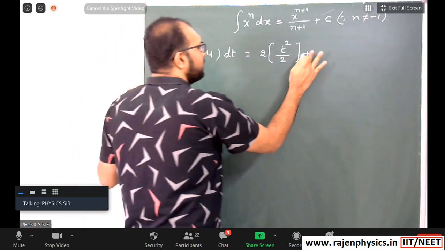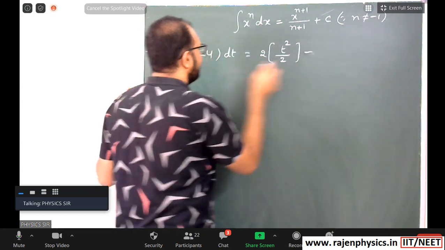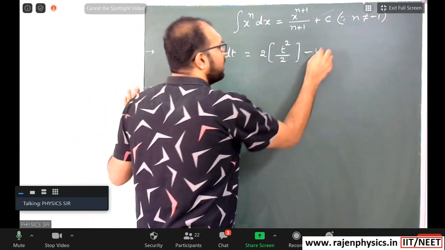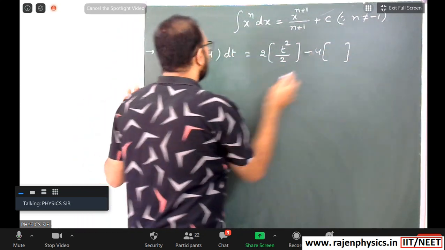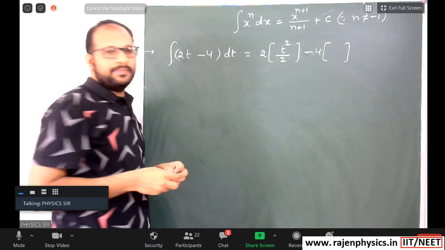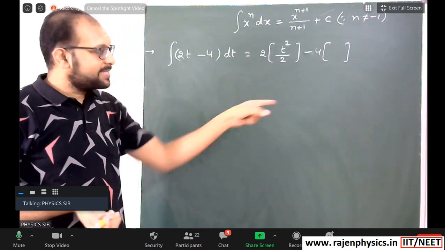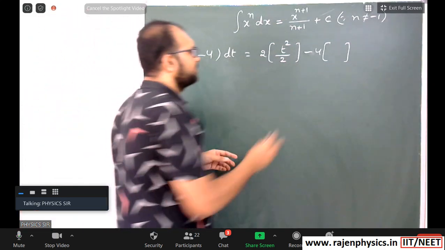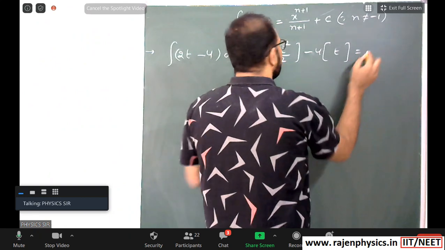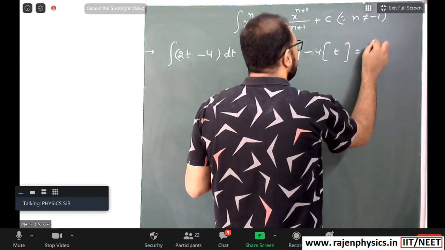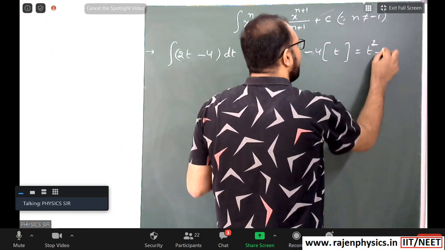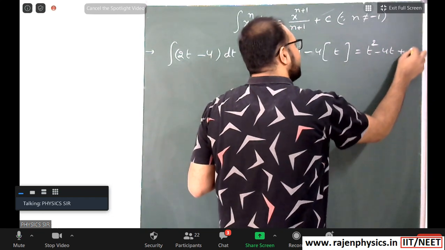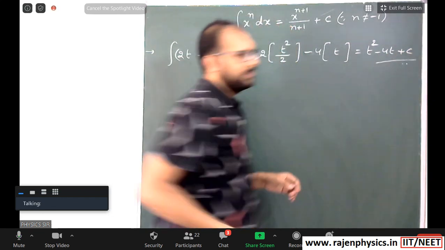Now minus is there. Okay, no problem. Minus 4 is a constant outside. Integral dt. Integral dx is x, previously completed. Same, integral dt is t, that's all. So now 2 cancel. T square minus 4t, plus one constant suppose.